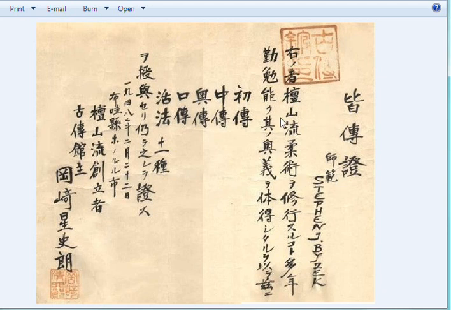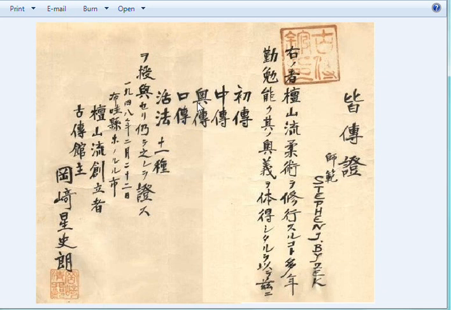What this says is that he received the complete transmission of the Danzan-Ryu system, which included the beginning transmission, which we talked about in a previous video, the middle transmission, which we also talked about in a previous video, and then also the Okuden and the Kuden, sometimes called Koden. So the Shoden, Chuden, which we've already discussed, and now we're going to look at the Okuden and the Kuden.